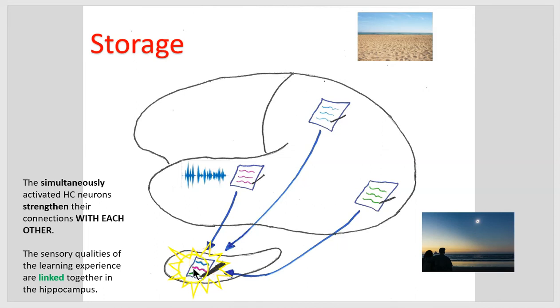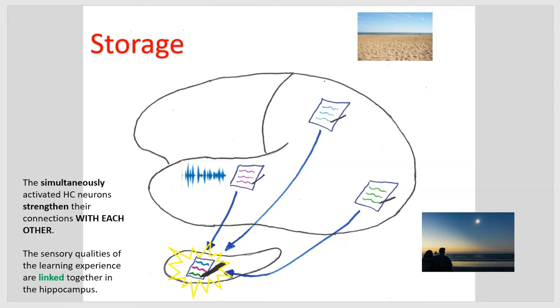The sensory qualities of the learning experience are linked together in the hippocampus because the hippocampal neurons that were activated are now increasing the strengths of connections with each other. So the pattern of the hippocampal neuron activation here represents the pattern of activity in the cortex. So the hippocampus has made a fast memory, you might say, of the cortical activity.